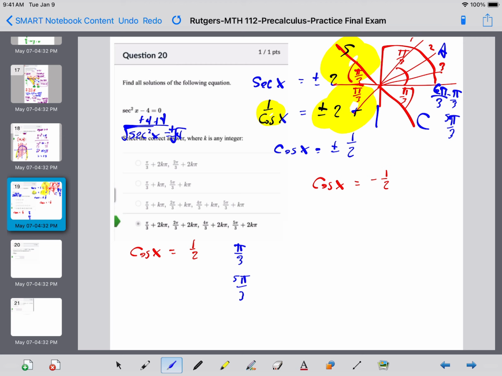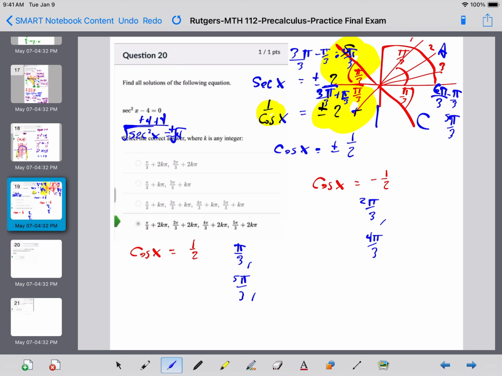So, for the negatives, you would do pi minus pi over 3. So that's the same as saying 3 pi over 3 minus pi over 3, which is 2 pi over 3. And then, in quadrant 3, you would have pi plus pi over 3. So that's like saying 3 pi over 3 plus pi over 3. So you would have 4 pi over 3.